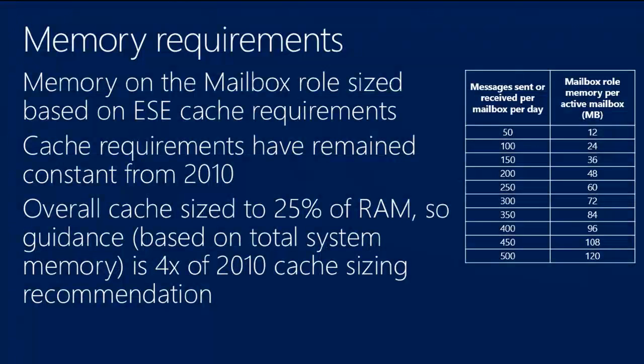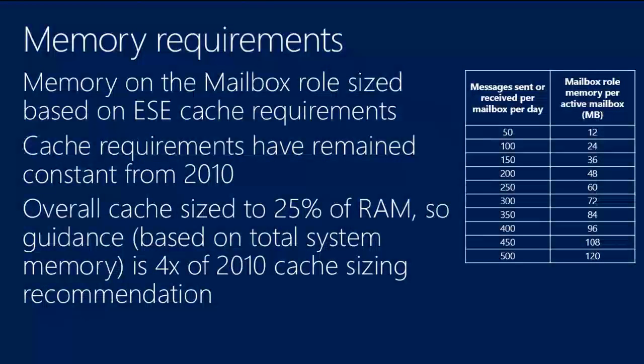With the store worker process model, we also have an increase in memory from that. In general, the CAS and hub components are very similar in terms of memory utilization to what we saw in 2010. And those are accounted for in these numbers. There is no addition on top of this.